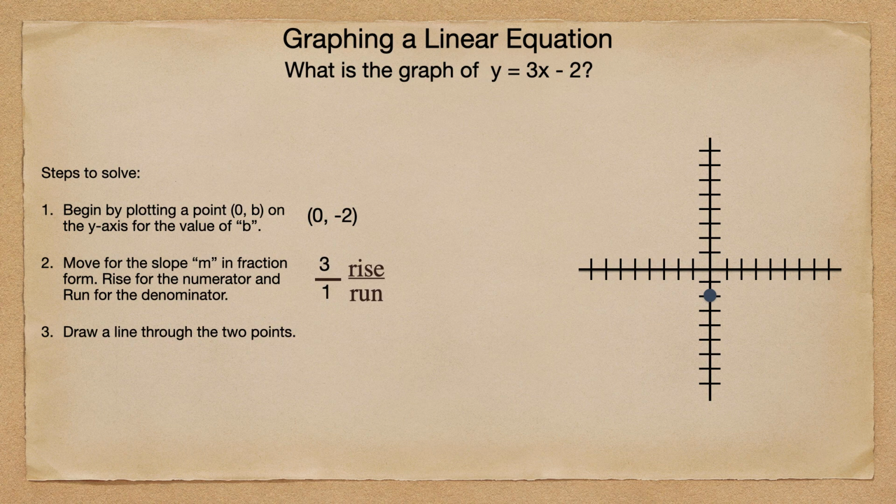All whole numbers are over 1 if it is not written already as a fraction. So we will rise 3 from the y-intercept, and we will run 1 from the y-intercept, and that will be our second point. We then draw a line through those 2 points, and we have our line of the equation.